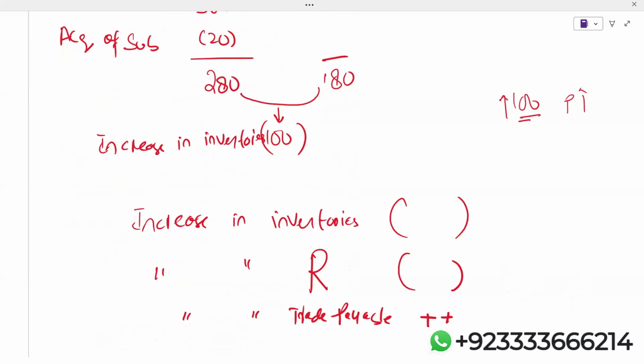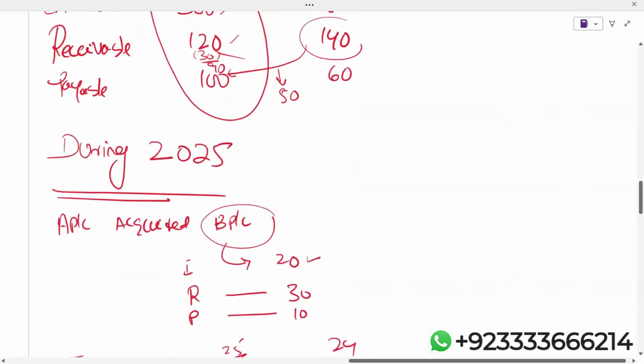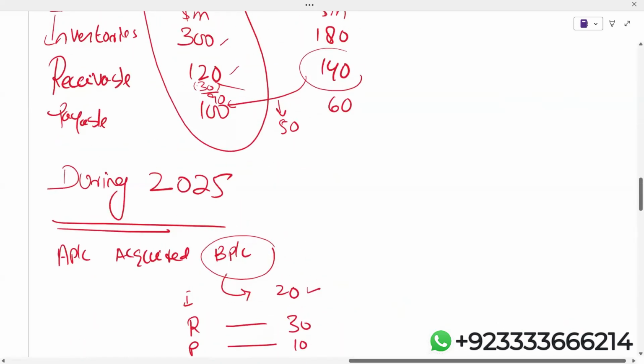Another concept: if during the year I have sold a subsidiary, then again in investing activity there will be a cash inflow or outflow while you are selling a subsidiary. But the important point is, the subsidiary which I have sold during the year will have no assets and no liabilities in the closing balances of the group SOFP.